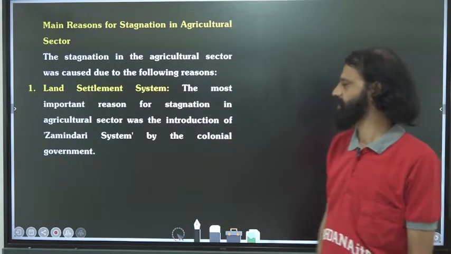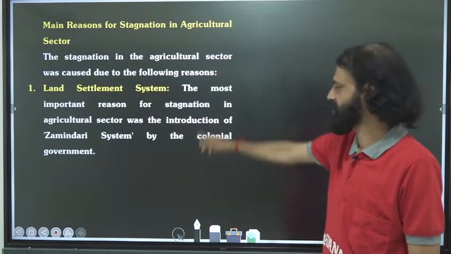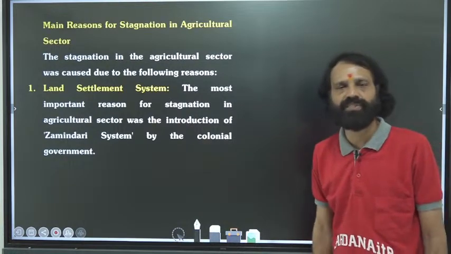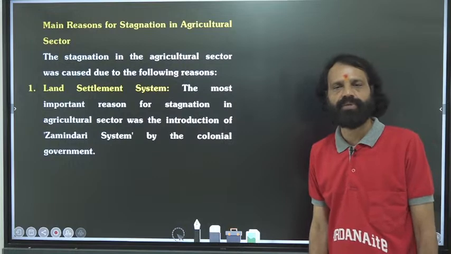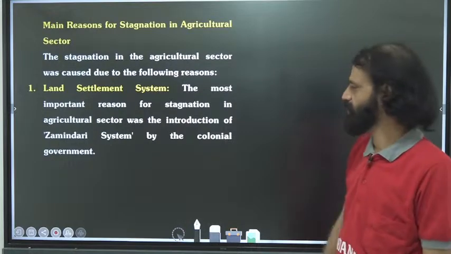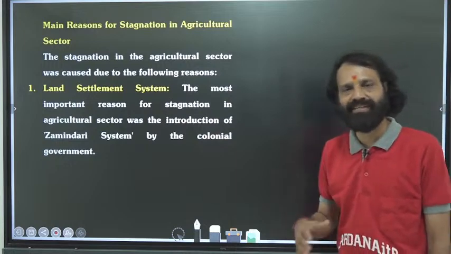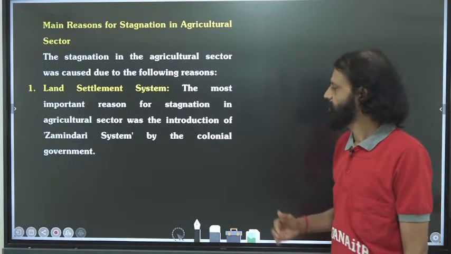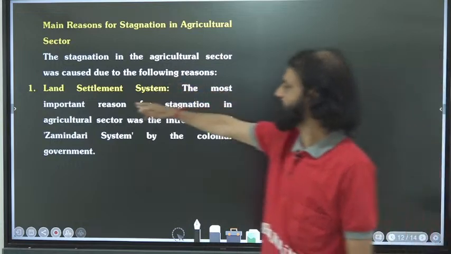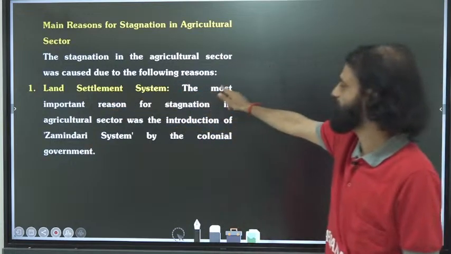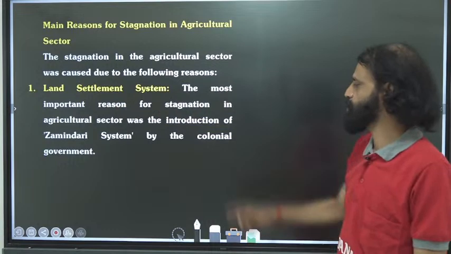So the land went under the control of zamindars. In every village, every taluk and every province there were zamindars, so the agricultural land was under their control. After this land settlement system, the land went to the hands of zamindars.